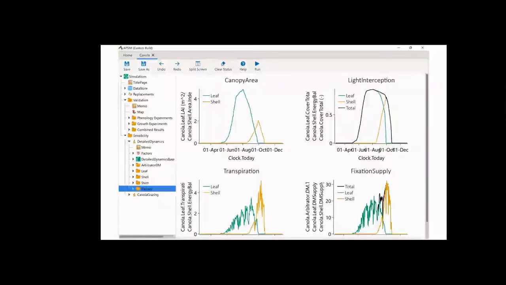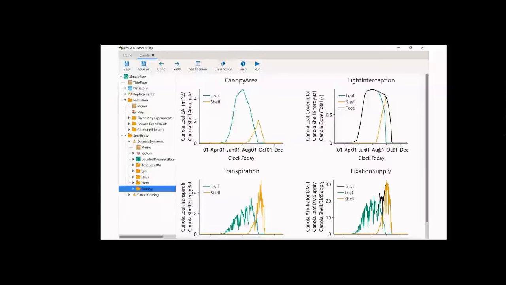Because canola is also a dual purpose crop, and that's a growing application of it, there's another sensibility test I should talk to here. The one difference to the other crop models in terms of the released models is that the model also allows for photosynthesis and resource use through the pods.